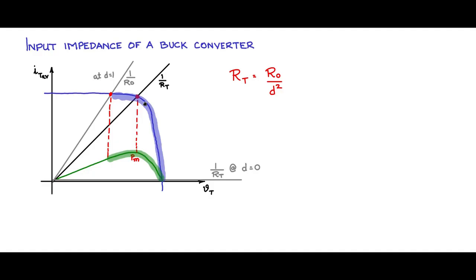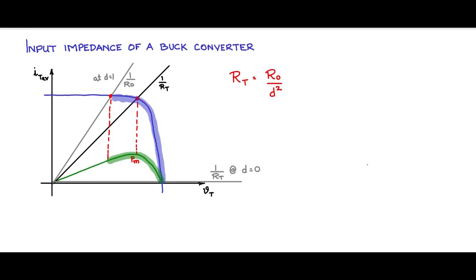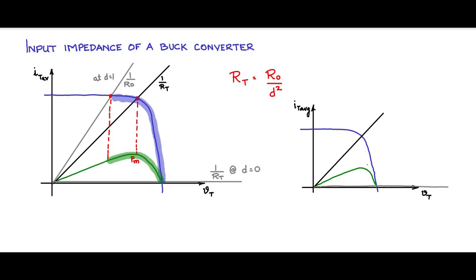However, again, like in the boost converter, I am going to raise a caution. Let me draw another VT versus IT average graph. So you have this typical IV and the power curve, and this is supposed to be the optimal load line for the peak power point, and I have here the load line corresponding to D equal to 0, which is where RT is infinite, open circuit.